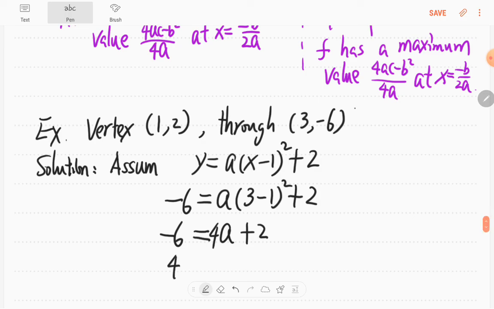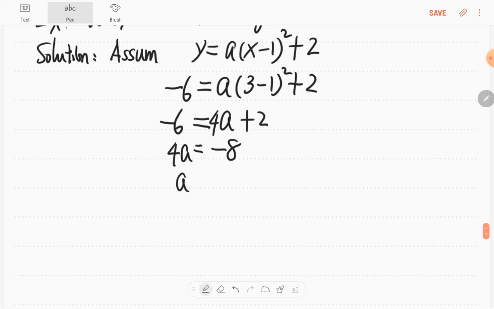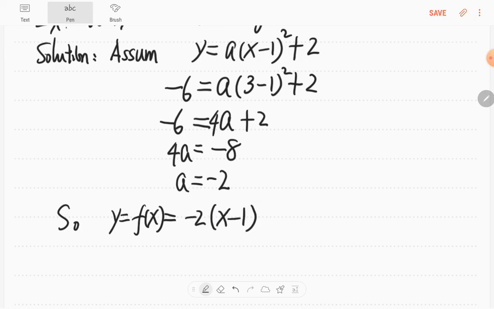So 4a is equal to negative 8, so a is equal to negative 2. So our function would be f of x equals negative 2 times (x minus 1) squared plus 2. So this is the standard form. If the problem asks you to write down the form ax squared plus bx plus c, you just need to expand it, then clean the terms.